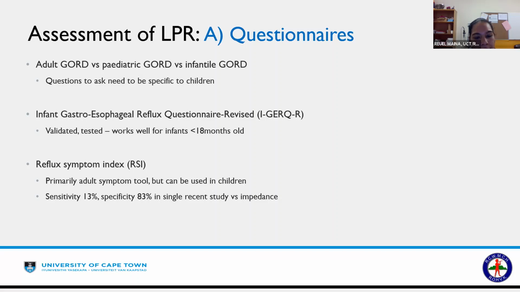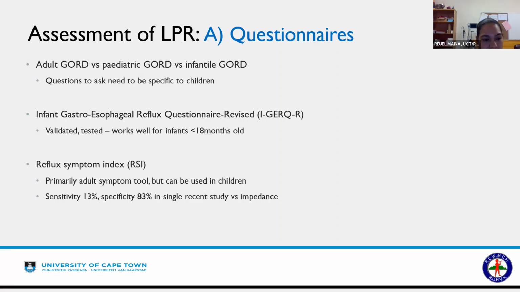And the one study did look at the revised infant gastroesophageal reflux questionnaire, and this was validated and tested and found to work well for infants under 18 months, but not for children over 18 months.